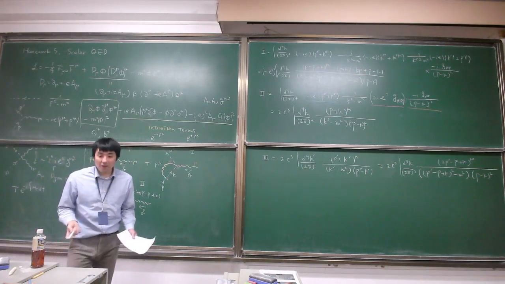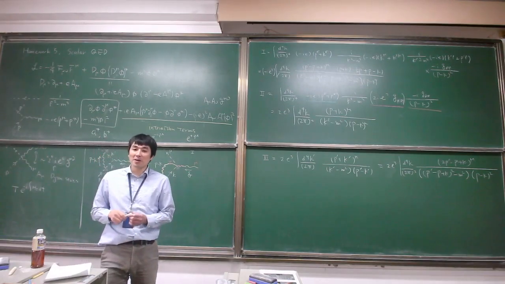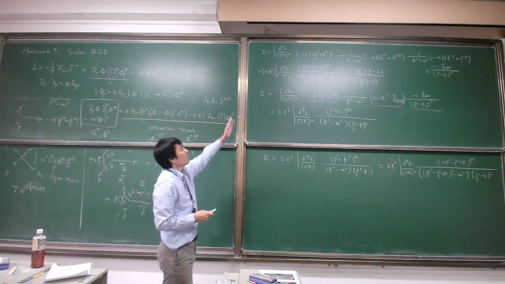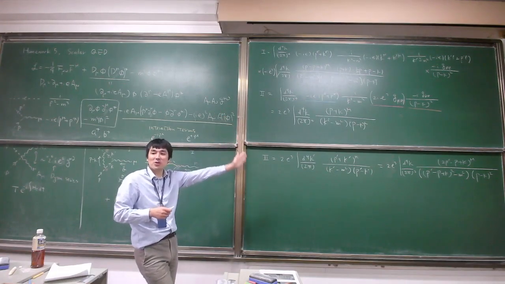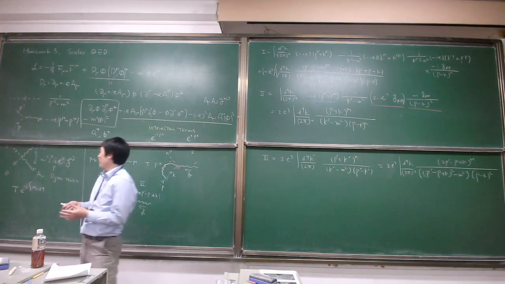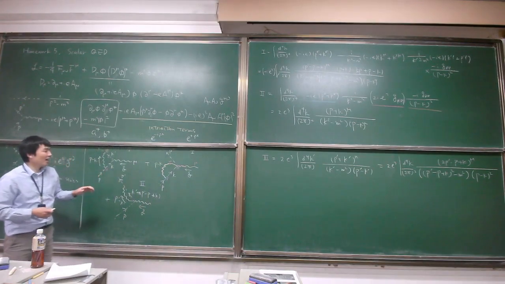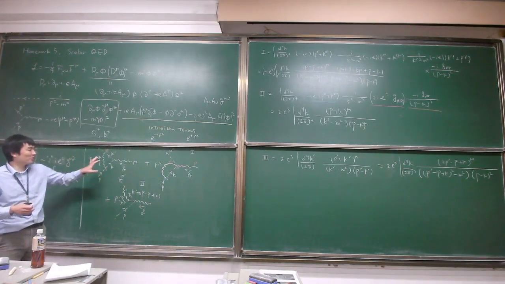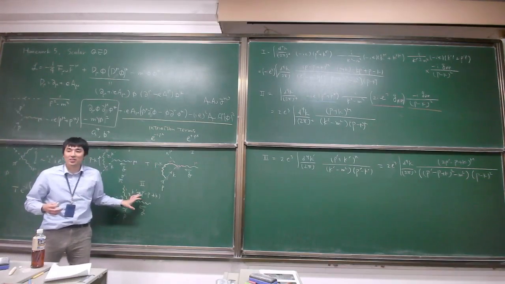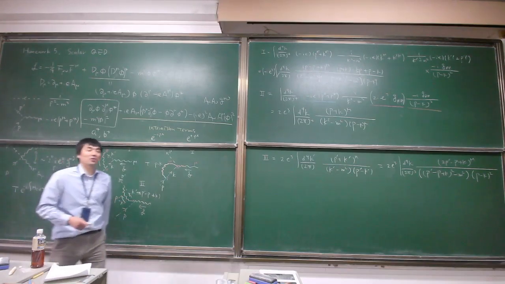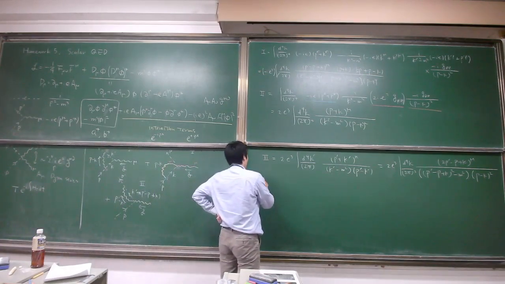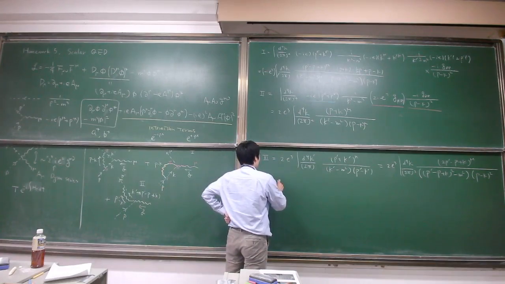And in quantum field theory, it's not so important to evaluate each diagram individually. Because in quantum mechanics, you cannot separate the contribution from here and here separately. So first you have to sum over 1 plus 2 plus 3.